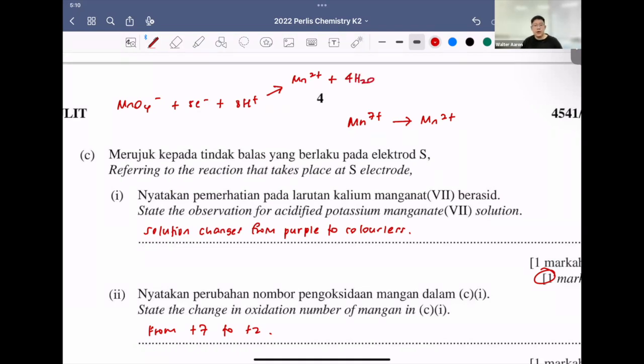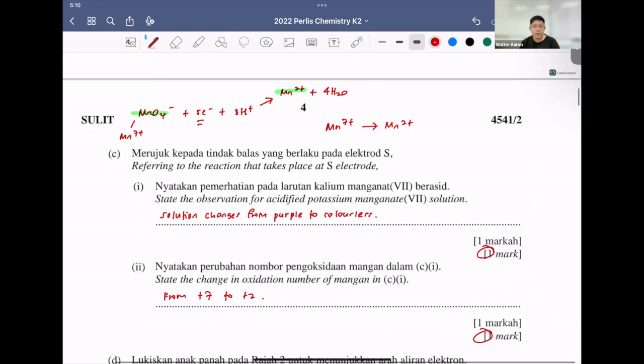That's how the Mn7+ changes to Mn2+, because the charge of Mn in this manganate ion is supposed to be Mn7+. So Mn7+ is changed to Mn2+ through that method, which is why it accepts 5 electrons in total. So that's the half equation for electrode S.